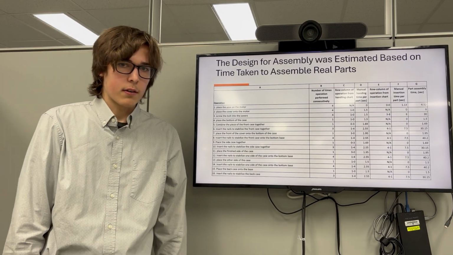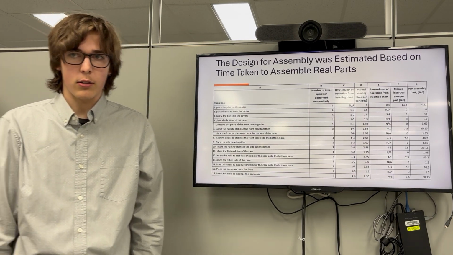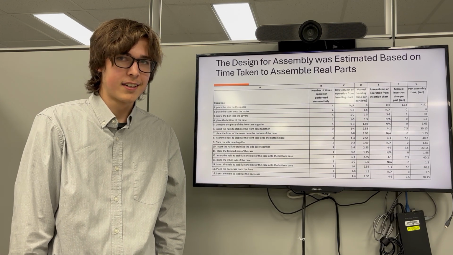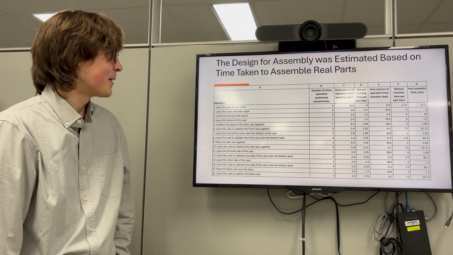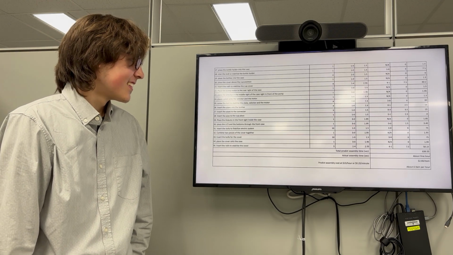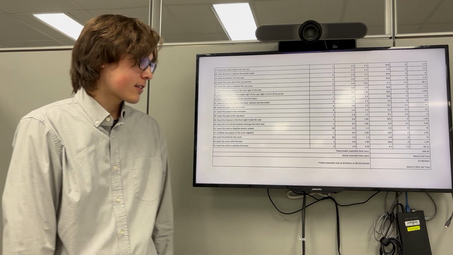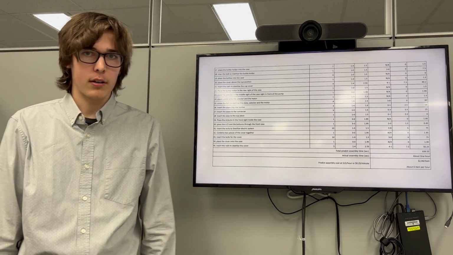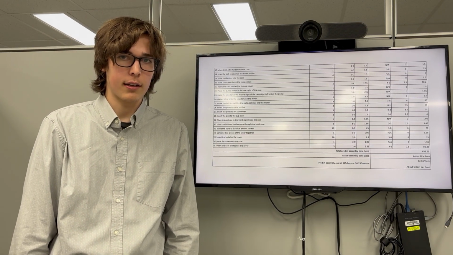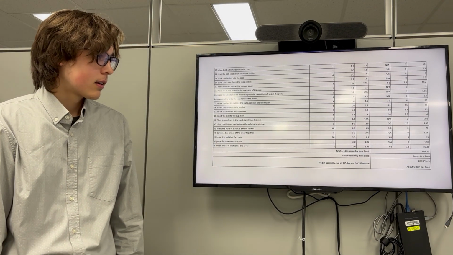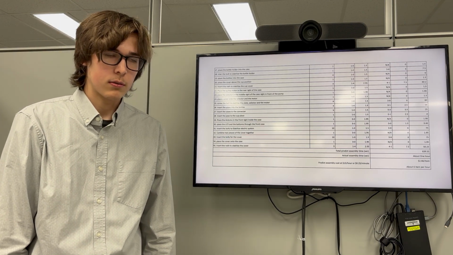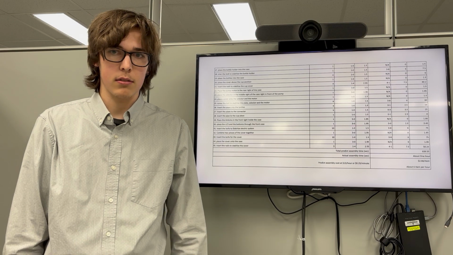We created a design for assembly based on what we actually did. And in total, we estimated that the time taken is about 640 seconds or 11 minutes. The actual time that it took was about an hour with all of the parts available.